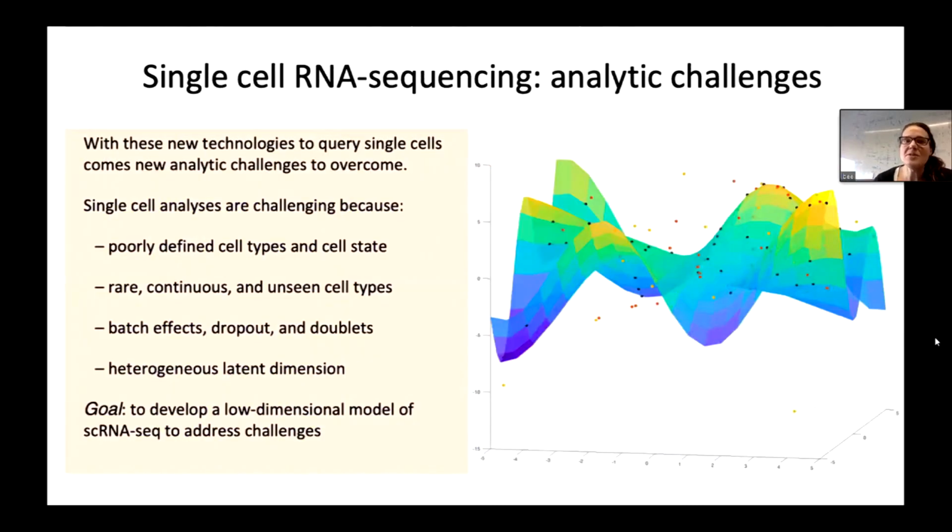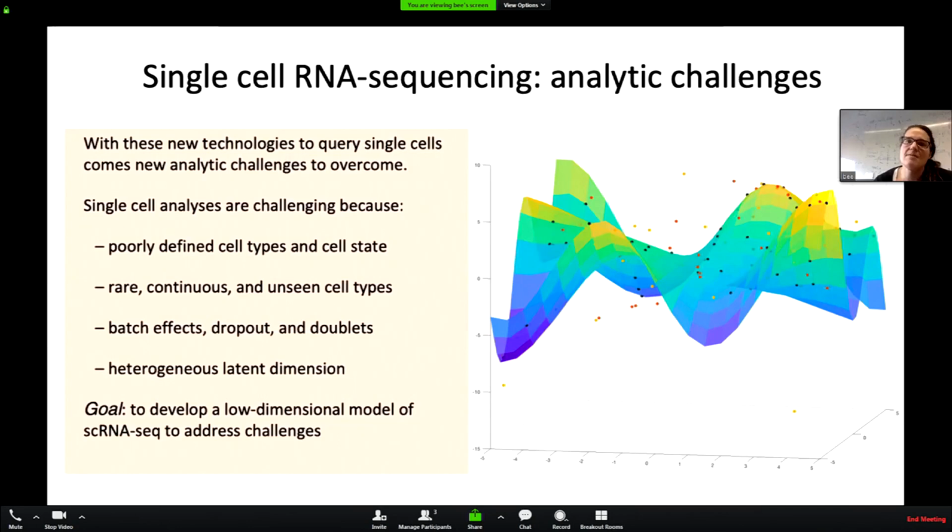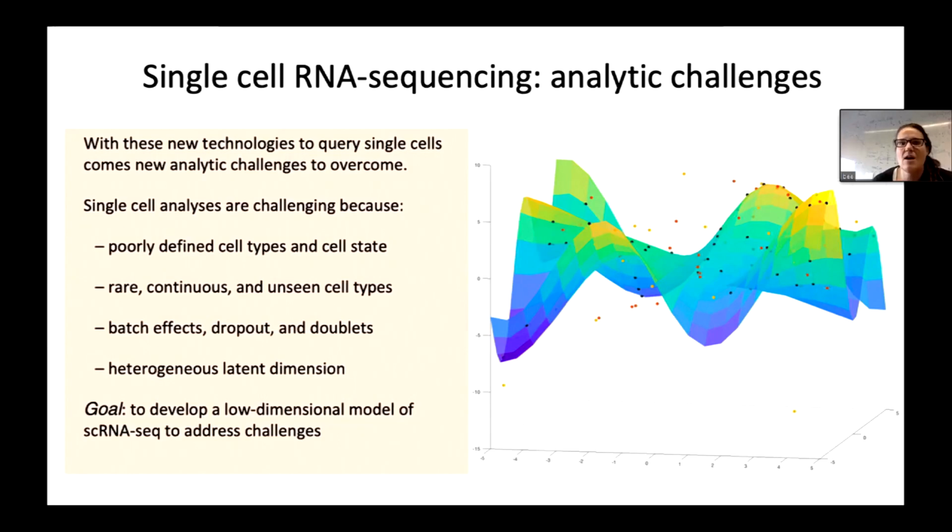So there are a whole bunch of challenges, as we know, when we think about just single-cell RNA sequencing data coming off of the machines that Rahul was talking about. In particular, as a statistician and someone who does machine learning, some of these challenges with single-cell data are quite unique to this particular technology.